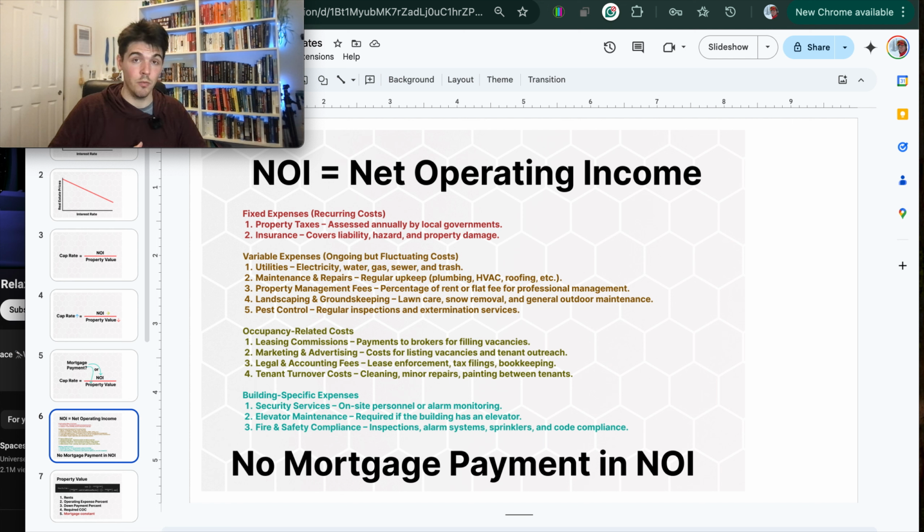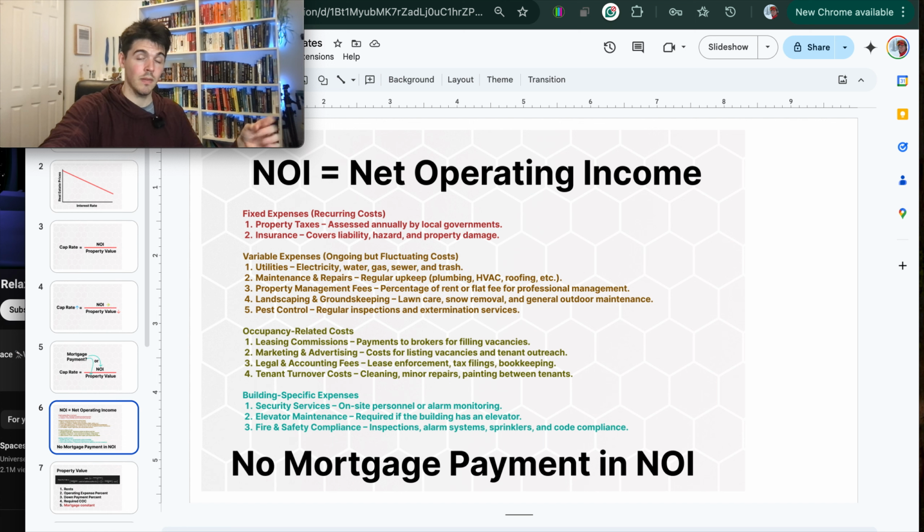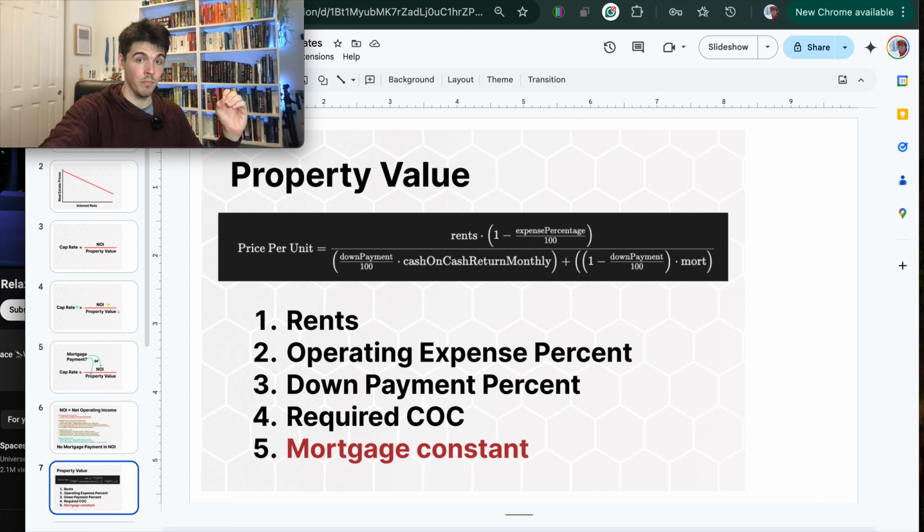There are occupancy-related costs like leasing commissions, marketing and advertising, legal and accounting fees, tenant turnover, and then building-specific expenses like elevator maintenance, security services, and fire and service compliance. Notice that we don't include our mortgage payment in the operating expenses. That means the interest rate has zero effect on our net operating income.